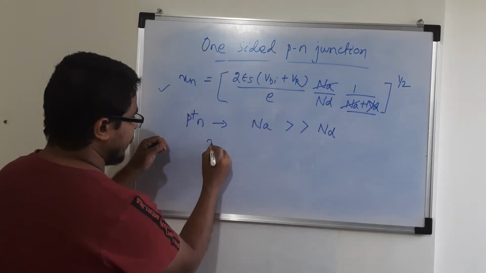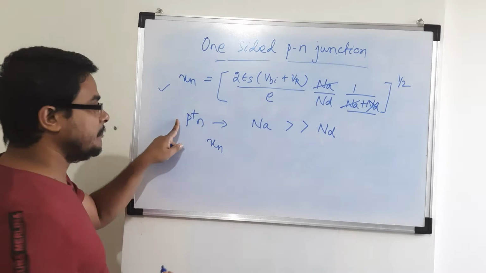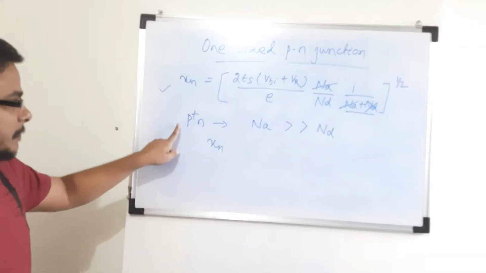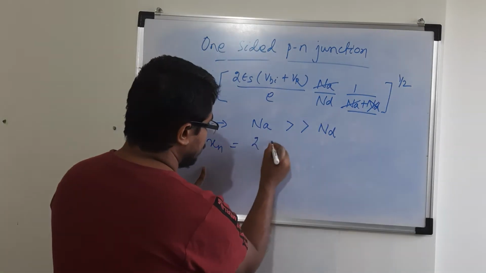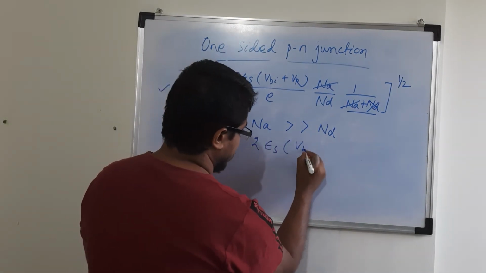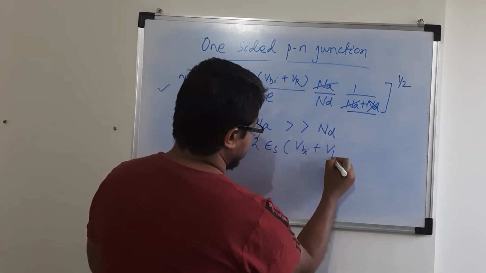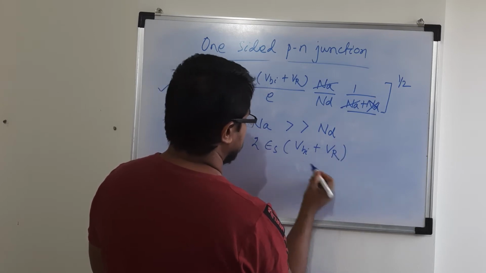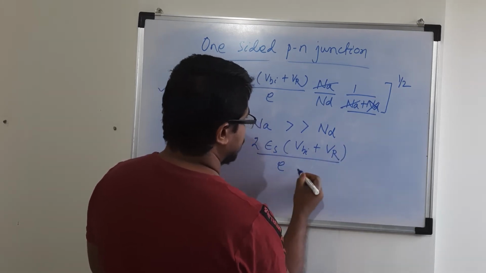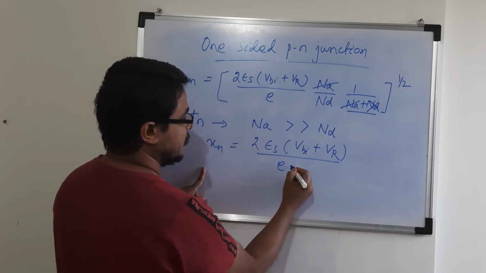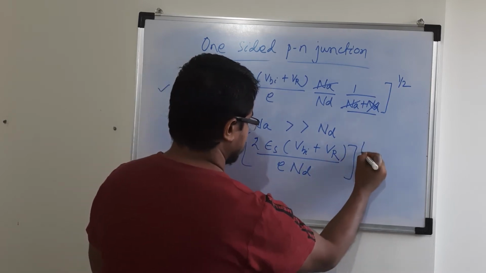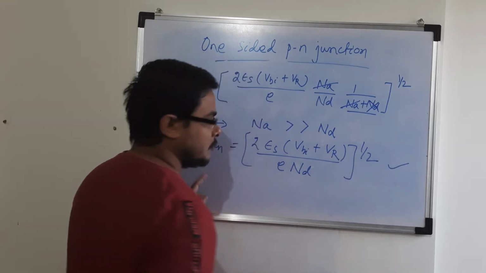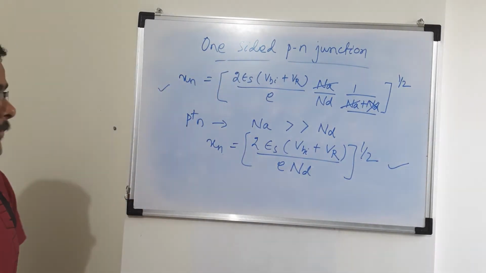The xn value here, the abrupt boundary in the N region for a P plus N one-sided junction, can now be written as 2 epsilon s, Vbi, the built-in potential barrier, plus VR, the reverse applied potential, divided by e, the electronic charge, and Nd, to the power 1 by 2. So this is what we can write.